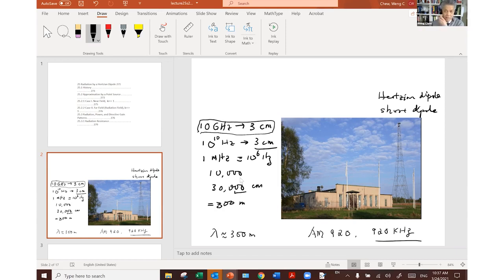It is approximately a Hertzian dipole because it is so much smaller than the wavelength that it is operating with. Okay, and the Hertzian dipole was invented around 1888 by Heinrich Hertz. I think his name is Heinrich Hertz. Okay, he did an experiment in 1888 and proved that you can use a small dipole to radiate an electromagnetic field.